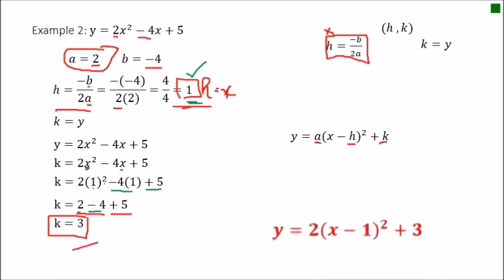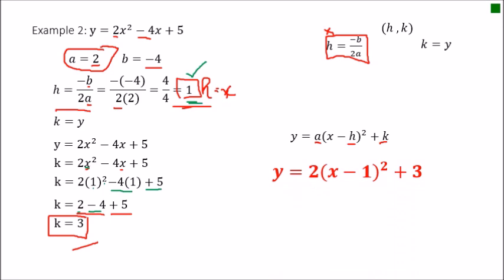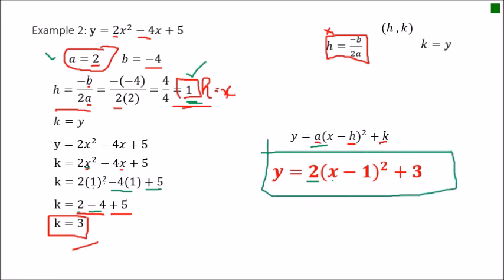So, we have y is equal to 2, which is your a, times quantity x, no need to replace. Minus 1, it's really minus, while h is positive 1. So, minus 1 squared plus 3. Your k is positive 3. So, your answer now is y is equal to 2 times quantity x minus 1 squared plus 3.